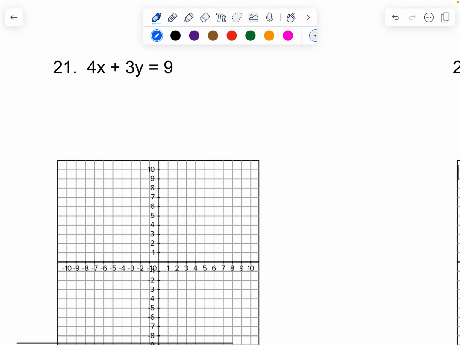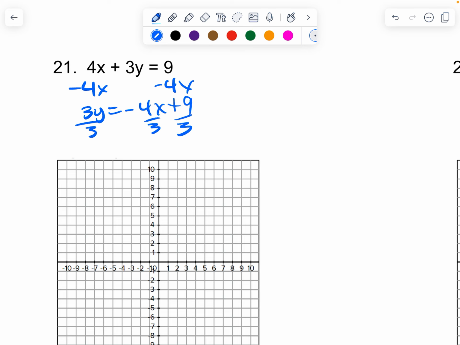Okay, on this one, subtract 4x from both sides, get 3y equals negative 4x plus 9. Divide everything by 3, and get y equals negative 4 thirds x plus 3. So I'm going to plot my 3. This is a negative slope, so we're going to be going this way.